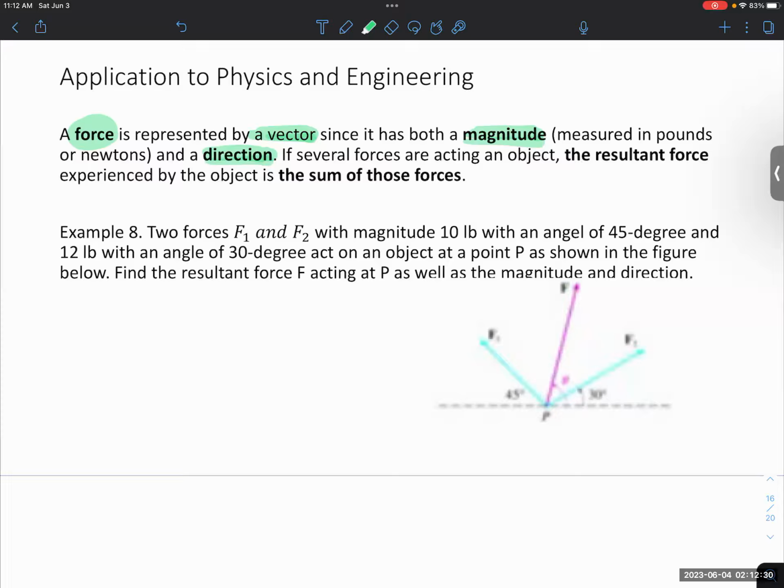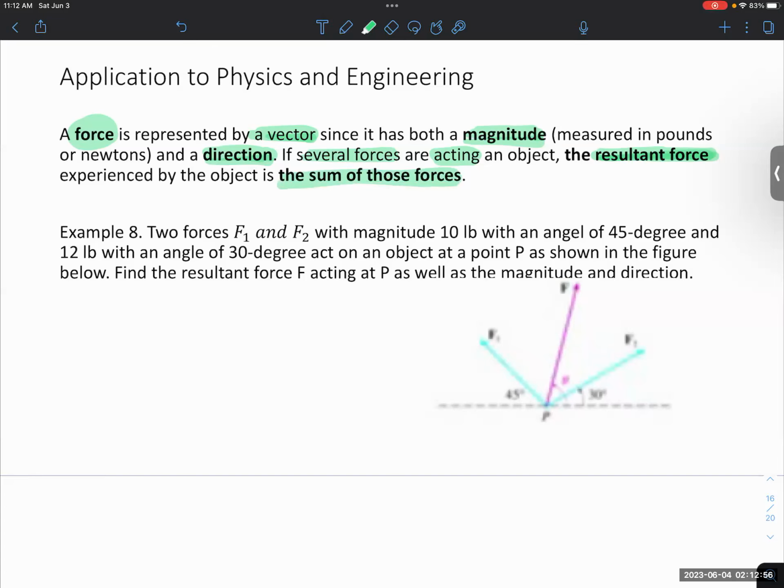And then there are several force concepts. If several forces are acting together on a specific object, there will be a resultant force. How do you find the resultant force? You just add all the different forces, a summation.